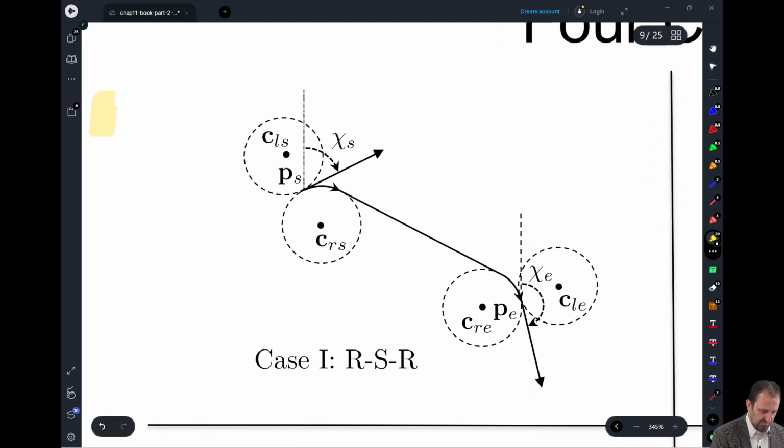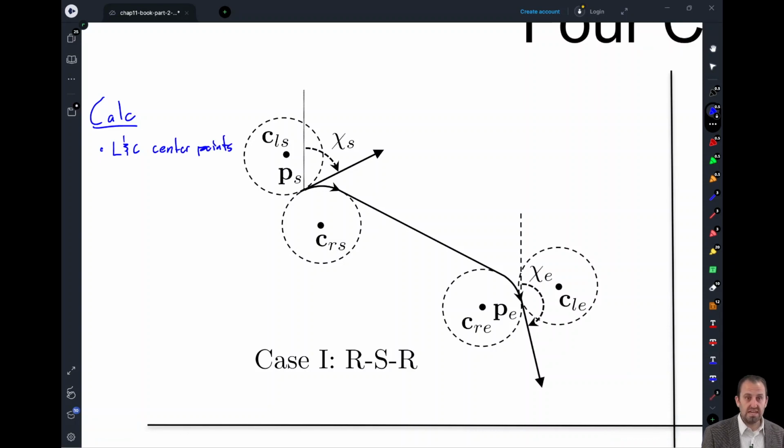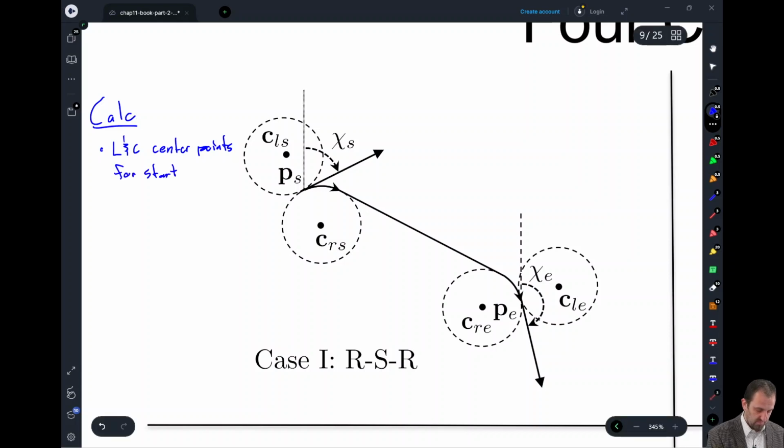So, things to calculate. We need the left and right center points for both our start and end circle, or our start and end configurations. Depicted here, we have it as CLS, so our left circle to start off with, our right circle to start off with.